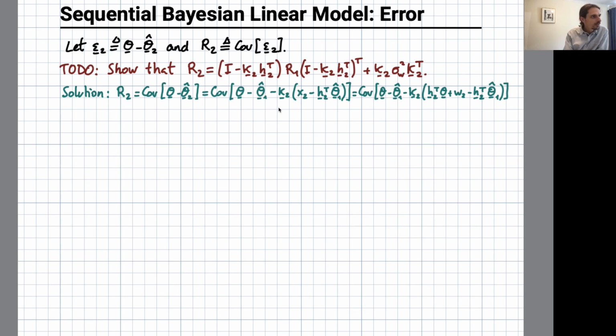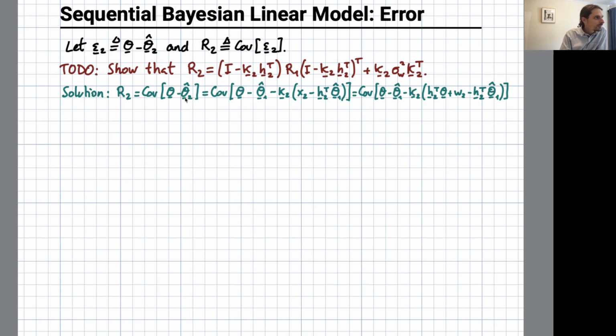So here we want to arrive at something that is the covariance of the error at stage 1, right? And what we have here is something that depends on theta and theta 2 hat. So let's try to express things in terms of the error at step 1.